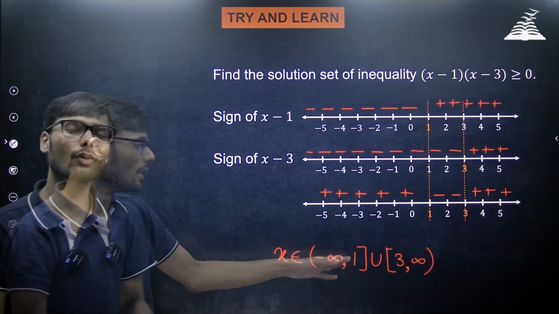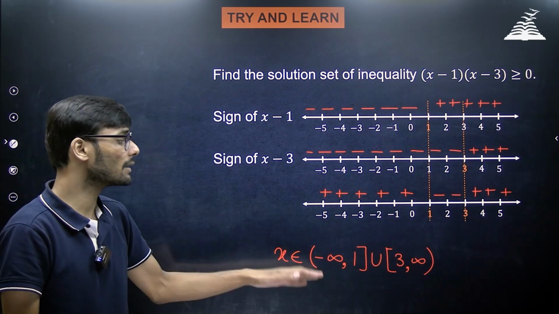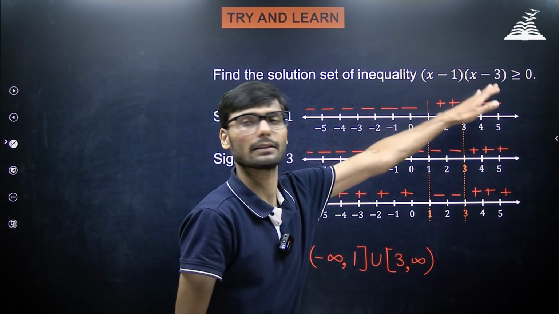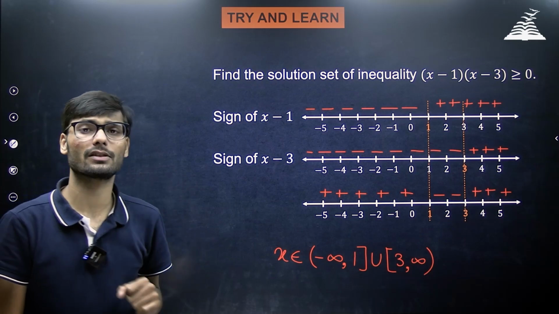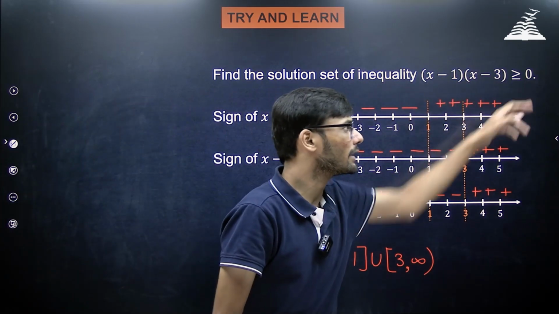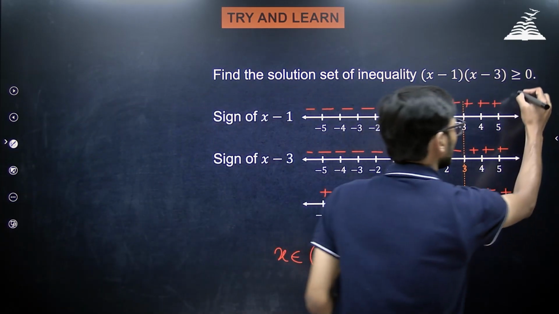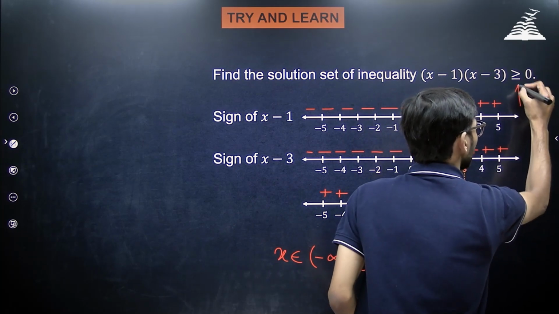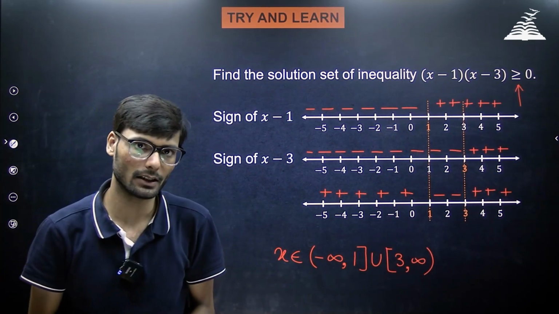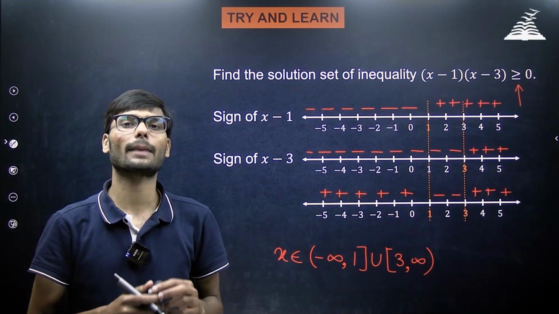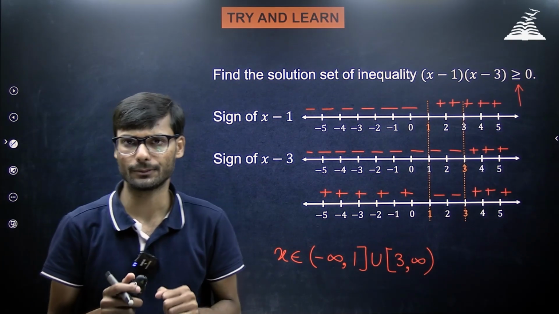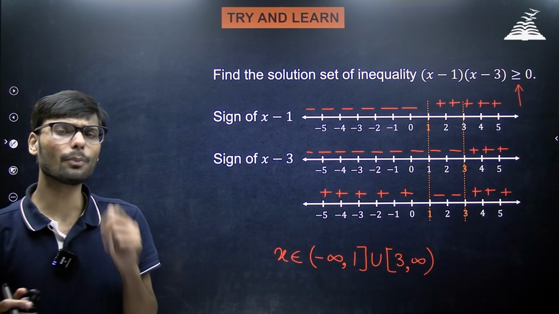Why are we putting closed brackets at 1 and 3? Because x equal to 1 and x equal to 3 will make the expression 0, and we are fine with that because this also involves equality, right? x minus 1 into x minus 3 could be 0 also, right? I hope this is clear.